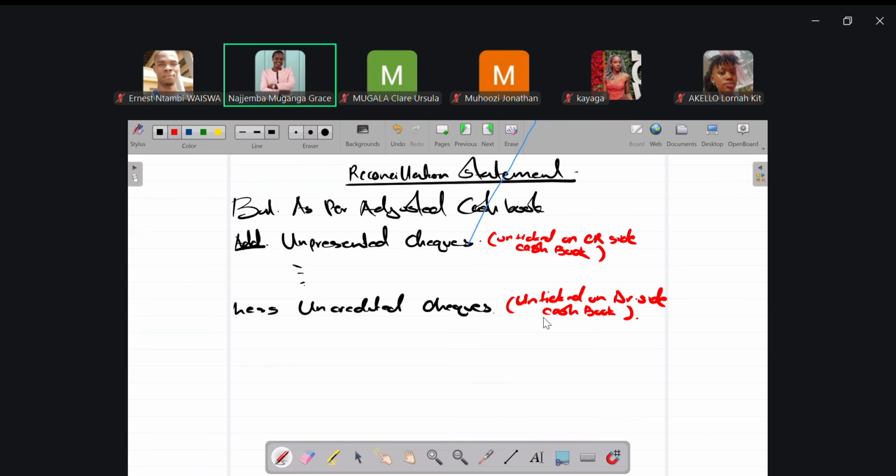The unticked on the debit side of the cash book. Is that clear? Yes.